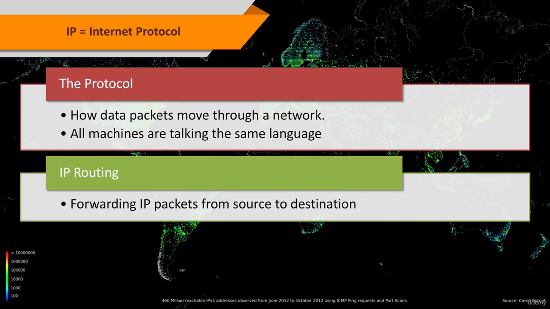So along with addressing, routing is one of the main functions of the IP protocol. Routing consists of forwarding IP packets from source to destination machines over a network based on their IP addresses.